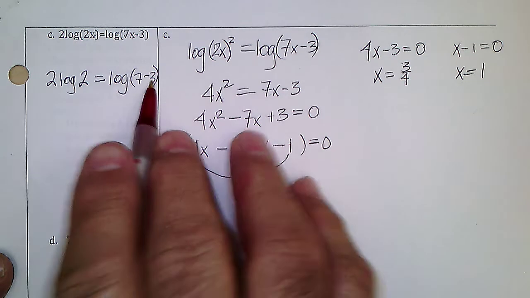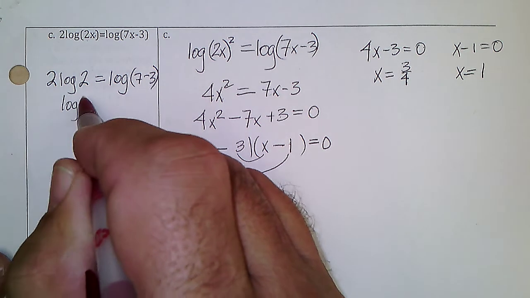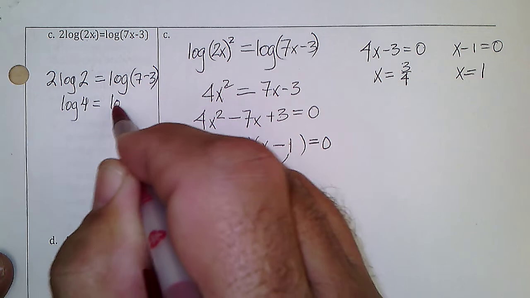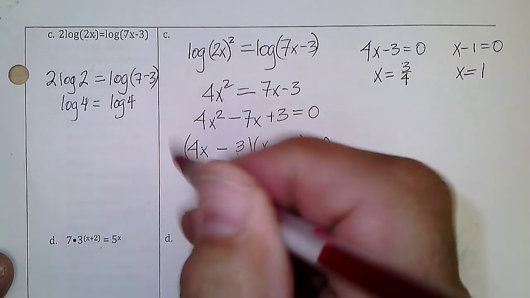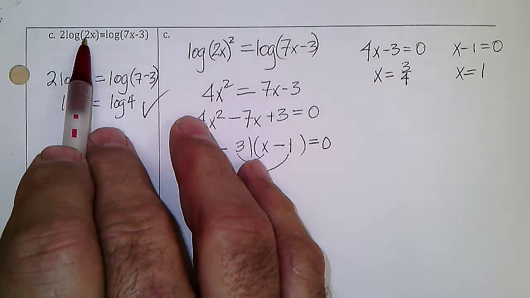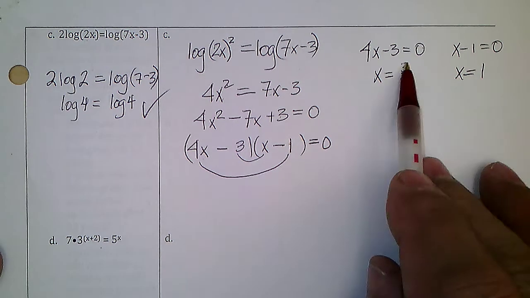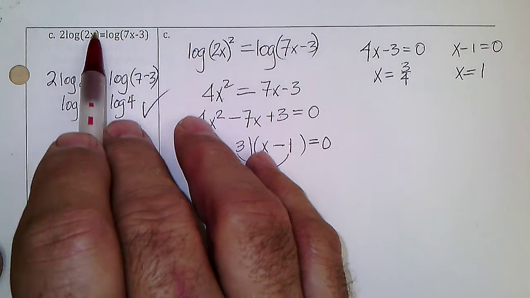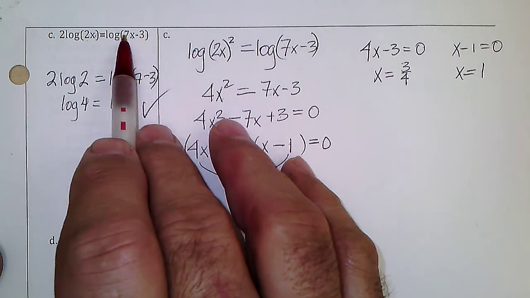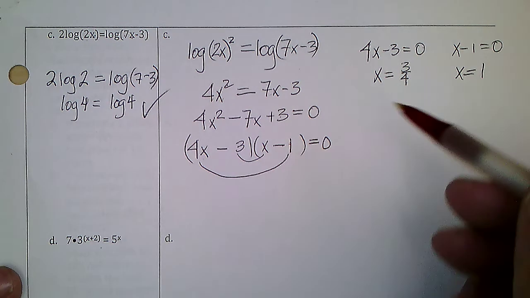So that's 4, and the 2 goes up, and so this is log 4 equals log 4, so it does check. The other thing I just need to make sure, if I haven't made any mistakes here, it should work if I just check and make sure it doesn't make this be negative or this be negative, which it didn't.